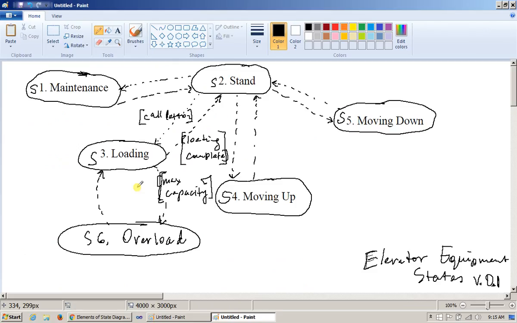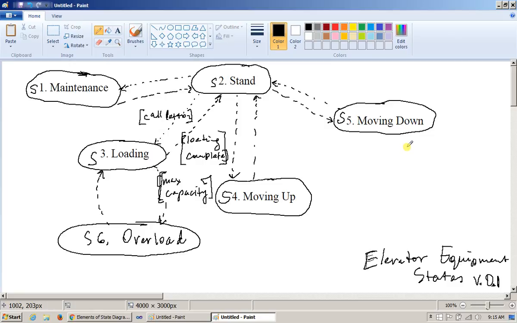By the way, just to remind you, there could be this dynamic state, like moving between the floors. The elevator has its own request list, a list of floors that were requested by the riders.